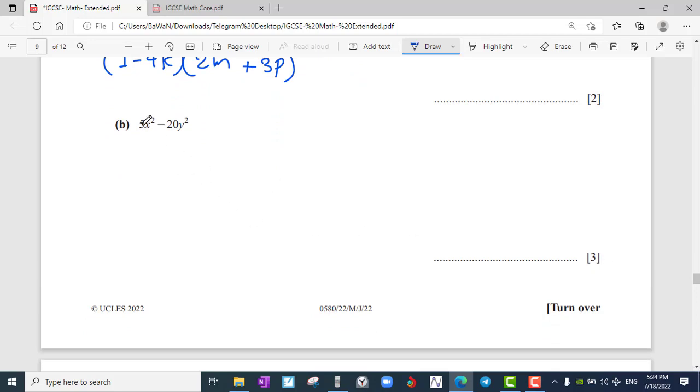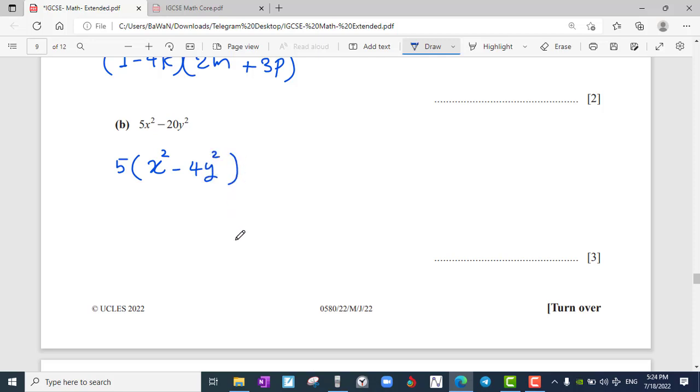Part B, I see x squared, I see y squared. Straight away I think about difference between 2 squares. But before I go to this, I need to take something common from the numbers. From 5 and 20, 5 is a common factor. What's remaining is x squared minus 4y squared.